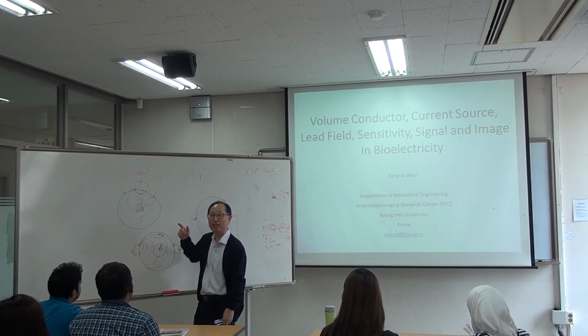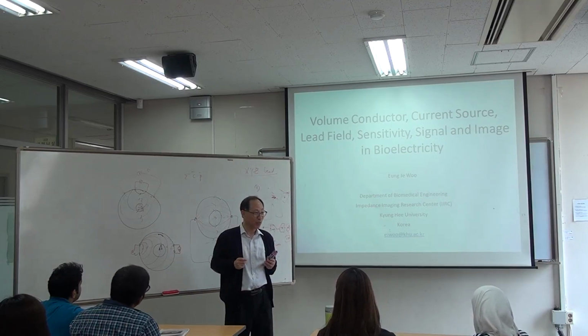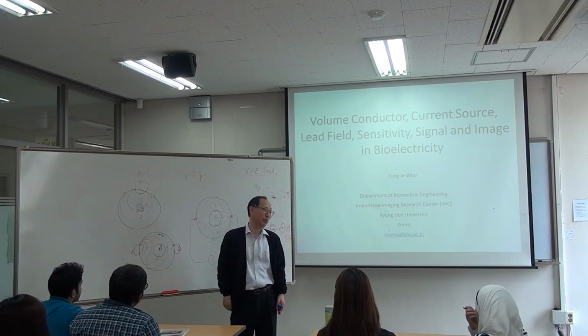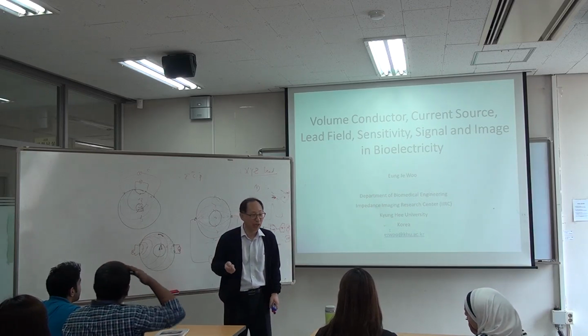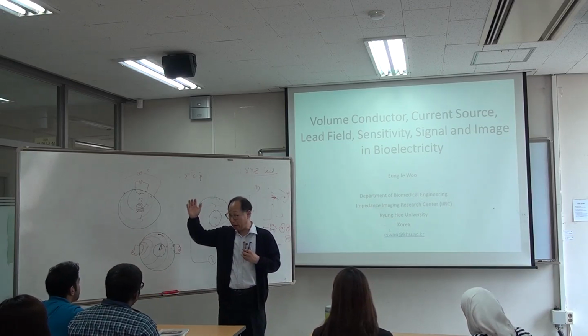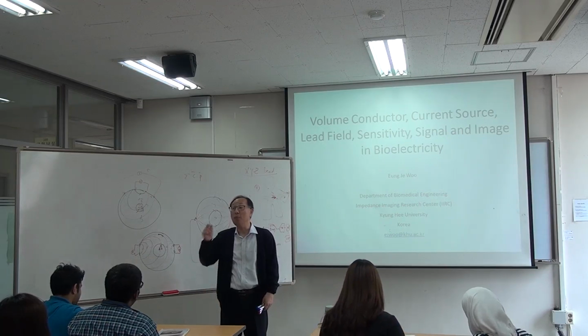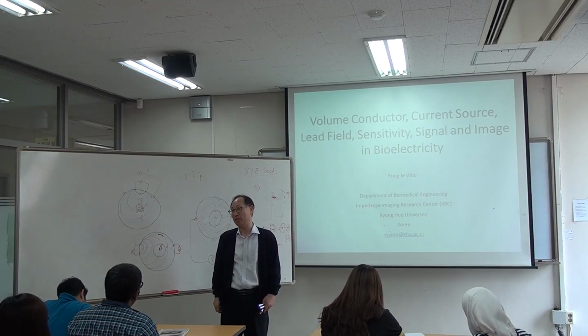If conductivity increased, then we should expect smaller voltage, right, if sensitivity is positive. If sensitivity is negative, then the conductivity increased there, and the voltage increased. The voltage changes in the opposite direction depending on the polarity of sensitivity.